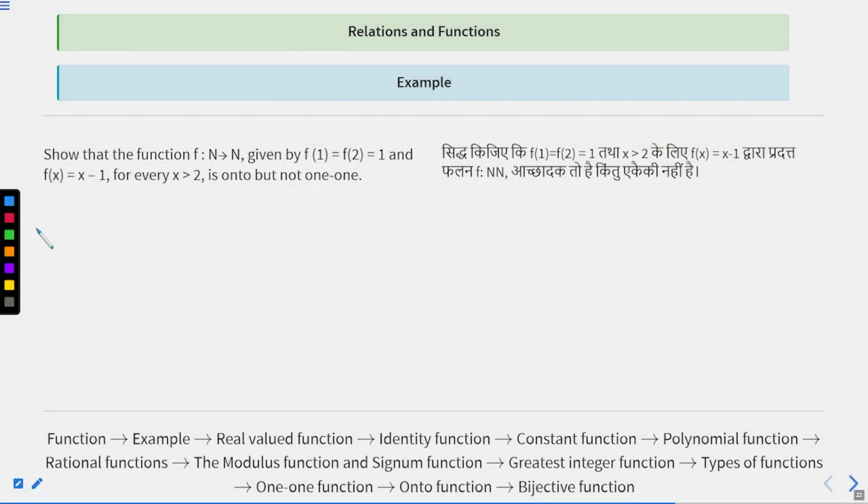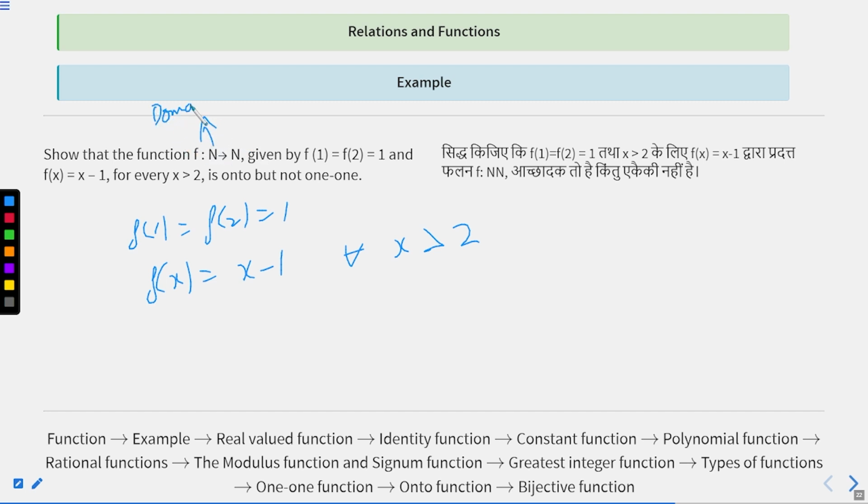Now let's start. Here our function is from the natural number set to the natural number set. The function is given like this: f(1) = f(2) = 1, and f(x) = x - 1 for every x greater than 2. Domain and codomain are both the natural number set.